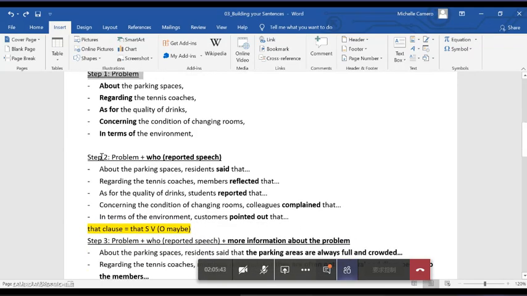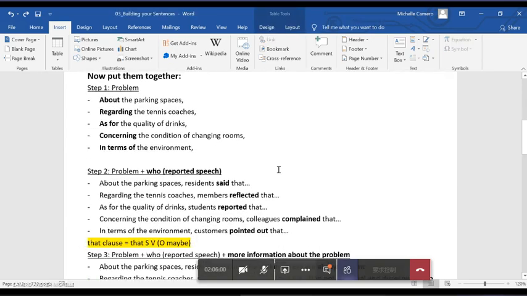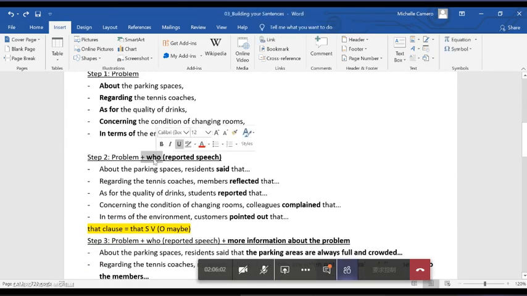Step 2, after you say the problem, you want to say who complained and use reported speech. So when we talk about who complained, we're talking about people. So remember this group of words up here. These are all the possible people who complained. So that's what they're talking about here when they say who. So you can see residents, members, students, colleagues, or customers.